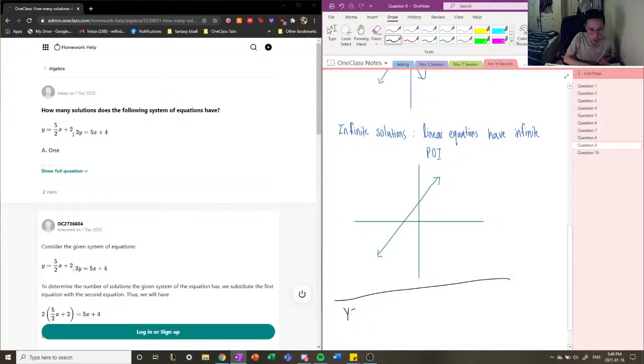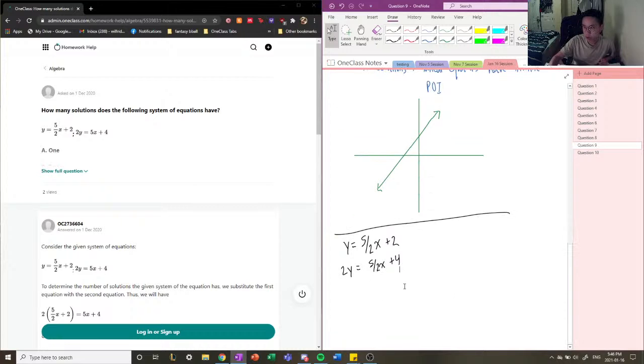We have y equals 5 over 2 times x plus 2. And we also have 2y equals 5x plus 4. You can take your pick on which technique to use. I'm going to use substitution, so I'm going to isolate for y in our second equation.